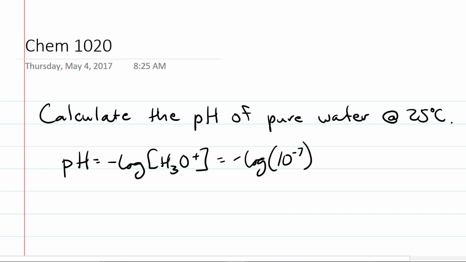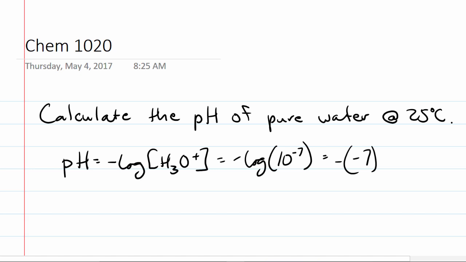But now, we just did like about a week worth of algebra. Remember now that the logarithm of 10 to the negative 7 is? Negative 7. So the logarithm of 10 to the negative 7 is negative 7, but we have the negative sign out in front, which means we are going to change the sign.